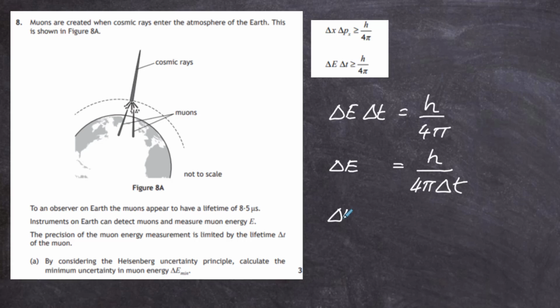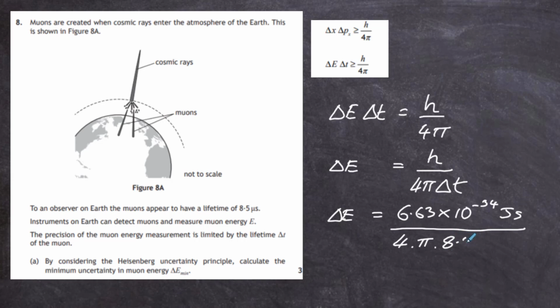So delta E is going to be equal to, and you'd have to look up your data sheet for Planck's constant, which gives you a value of 6.63 times 10 to the minus 34 joule seconds. And we divide that by 4 times pi, multiplied by delta T, and delta T in the question is 8.5 microseconds, so 8.5 times 10 to the minus 6 seconds.